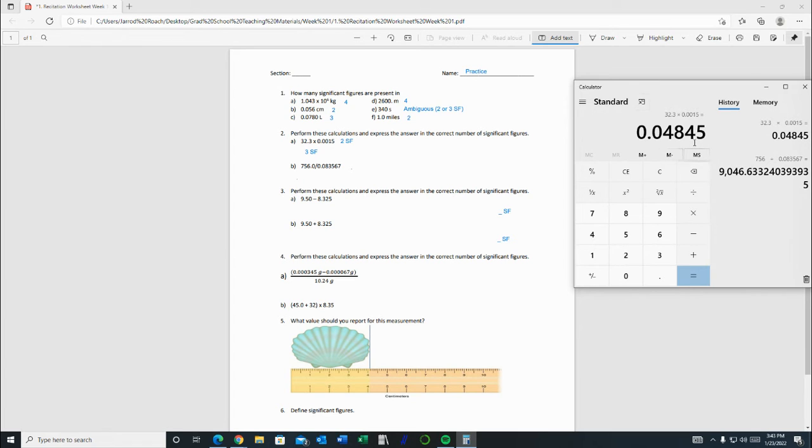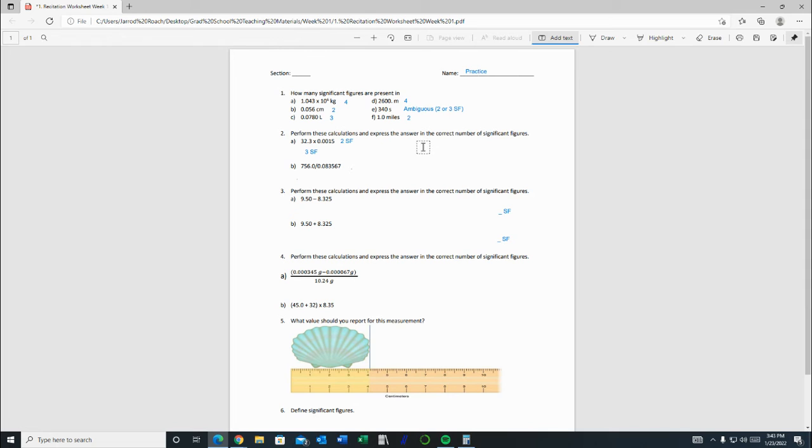Remember, if the number following where you round is below 5, we round down. If it's 5 or higher, we round up. In this case, our number is a 4, so we're going to round our answer down to 0.048, with two sig figs.